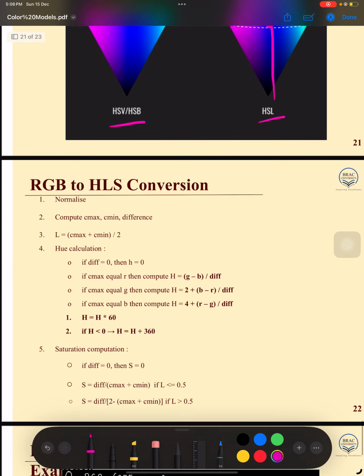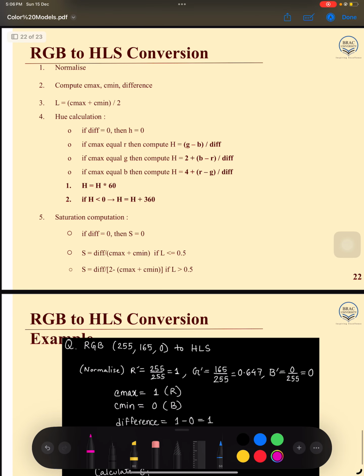If we move on to the RGB to HLS conversion, it's basically the exact same conversion, however, with a little bit of changes here and there.